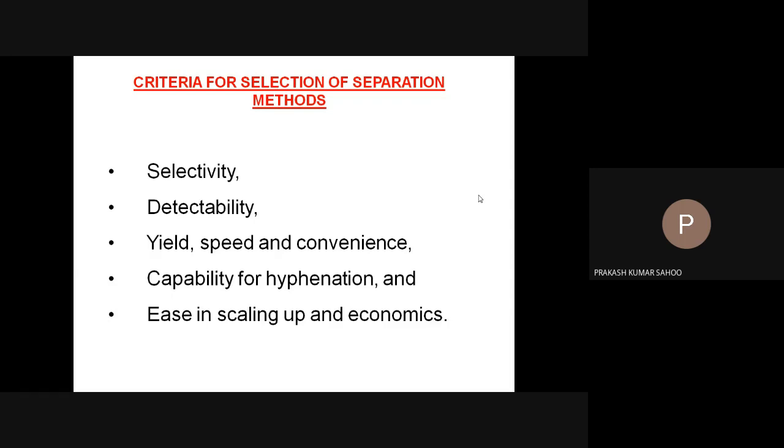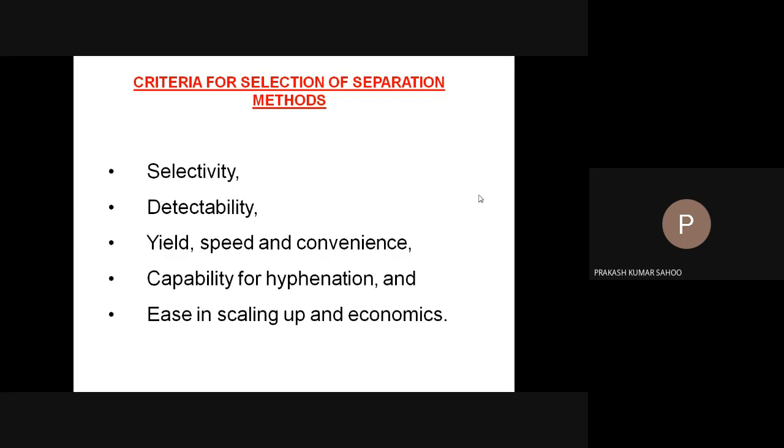So before choosing a separation technique for a particular mixture, we should have broad knowledge of the different separation methods available to us. The term effective separation is expressed in terms of resolution, separation factor, decontamination factor, and percentage of purity. So selectivity is the primary factor to separate constituents from a mixture.